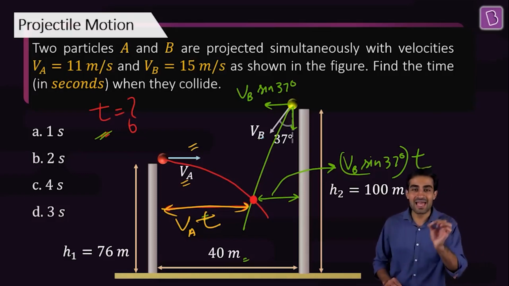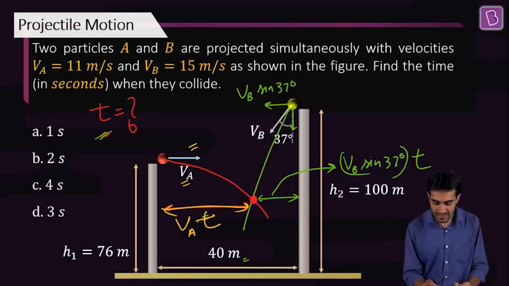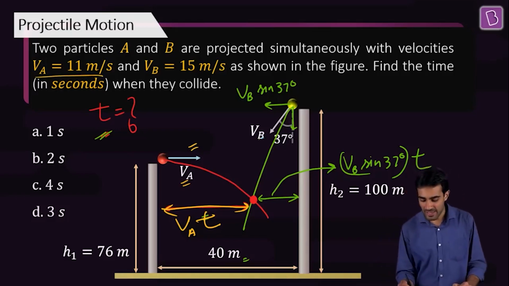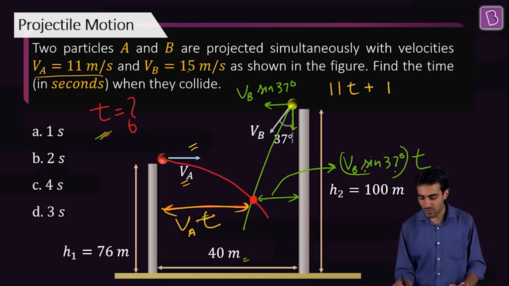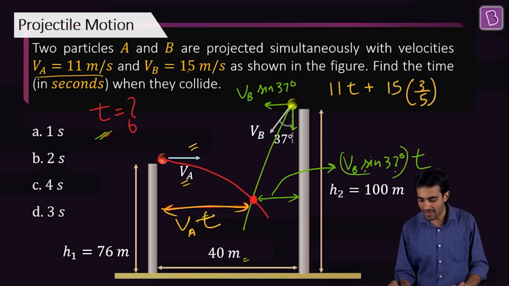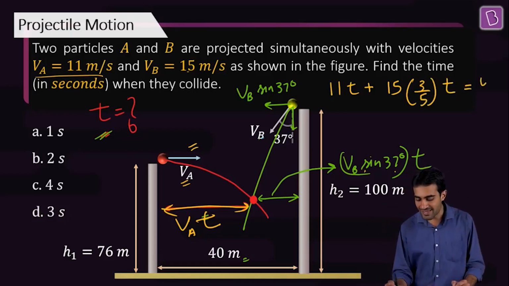All right, let's add them. Now, VA times time t. What is VA? VA has the value 11 meter per second. So we have 11 times time t. And VB sine 37 times time t. What is VB? VB is 15. So we have 15. What is sine 37? It is 3 by 5 and time t. Let's add them and we should get 40.